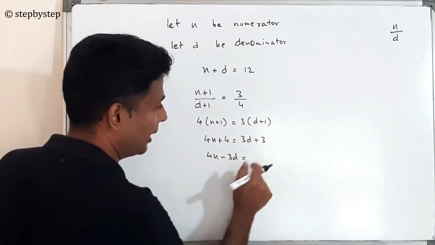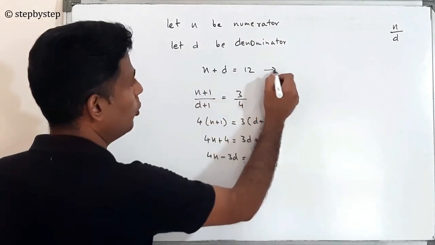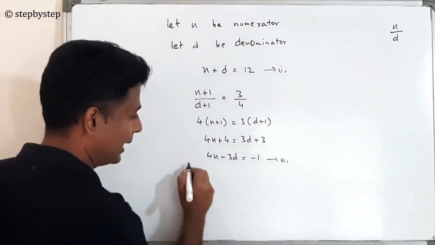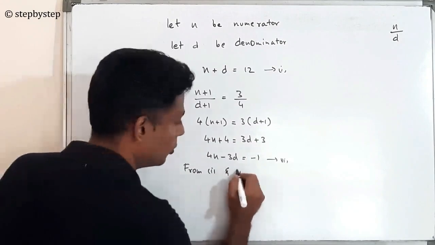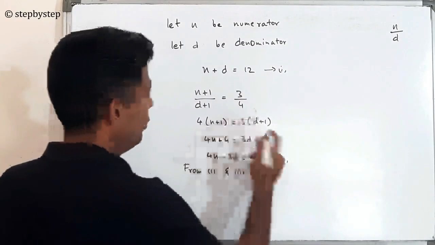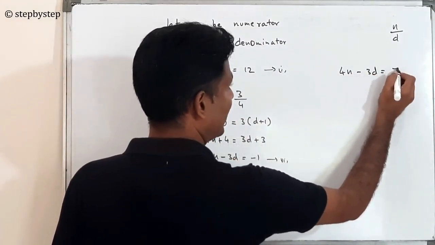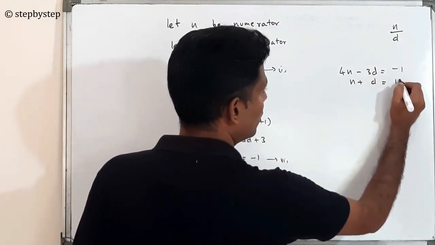So 3 minus 4 is minus 1. Now we have two equations. Generally how you will write it is from 1 and 2. Now we have 4n minus 3d equal to minus 1, and we have n plus d equal to 12.